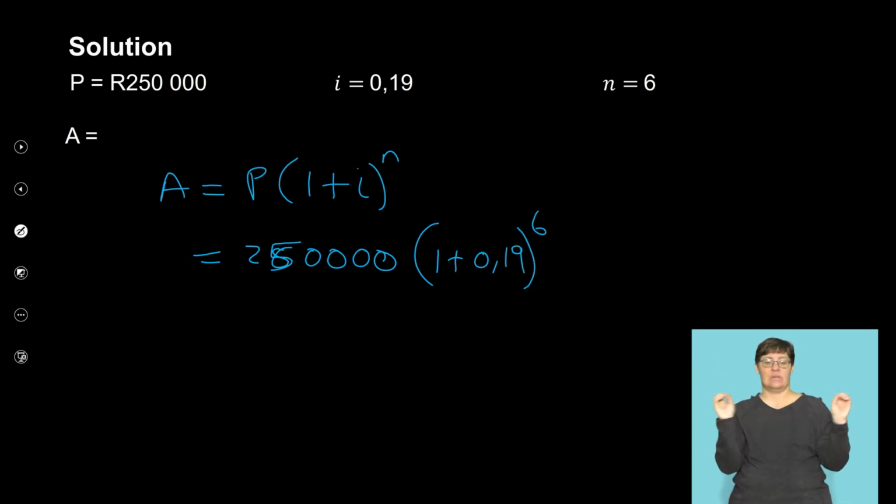Now I'm not dividing anything by 12 because they said it's compounded annually, right? So the 19% is for 1 year, and every year for the 6 years you get the 19%. So it's not going to be affected by the compounding period.